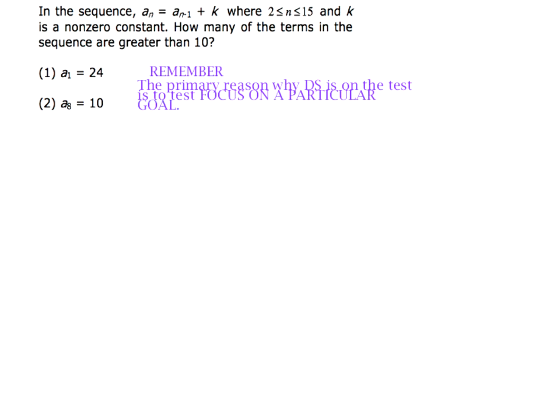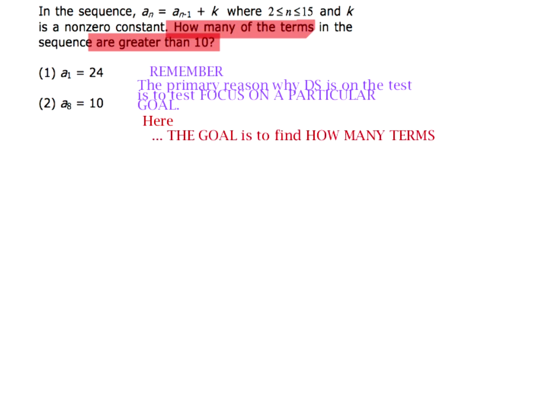So in this case, that goal is how many of the terms are greater than 10. Notice what the goal is not. The goal is not to find the entire sequence. So here, the goal is to find how many terms are greater than 10.